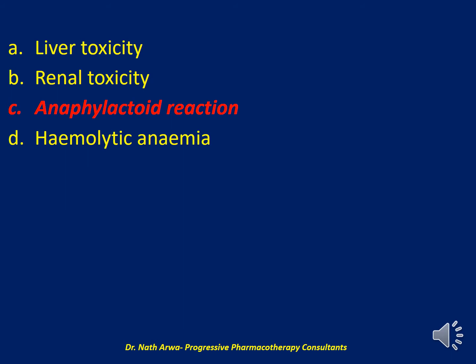Now, IV N-acetylcysteine treatment is normally 150 milligrams per kilo in 200 ml of D5W that should be infused over 1 hour, followed by 50 milligrams per kilo in 500 ml of D5W infused over 4 hours, followed by 100 milligrams per kilo in a liter of D5W infused over 16 hours.